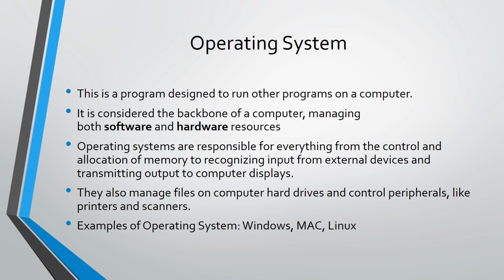They also manage files on computer hard drives and control peripherals like printers, scanners, flash drives, and USBs. The most commonly known operating system examples are Windows, Mac, Linux, Unix, and Raspberry Pi, and a lot of others as well.